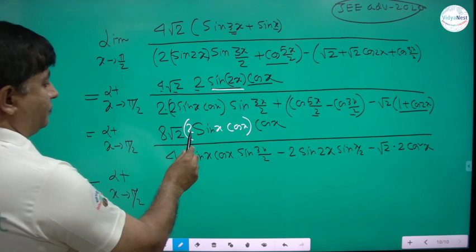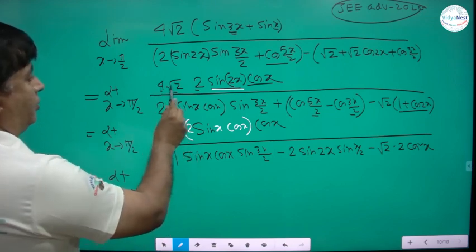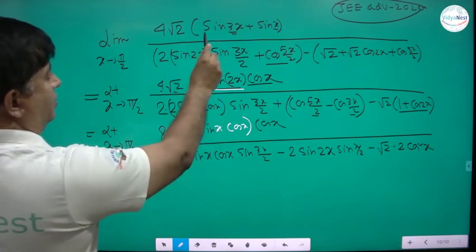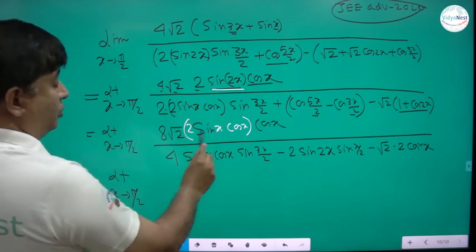This is 4 root 2 and that sin 2x. You observe there is 8 root 2.